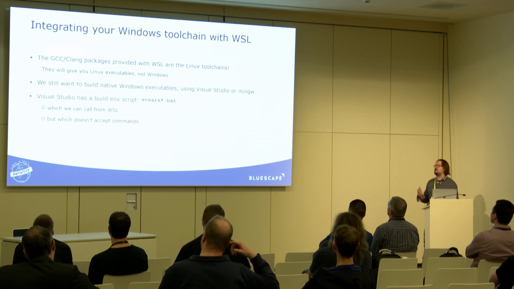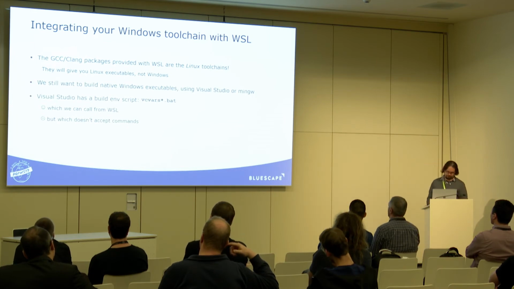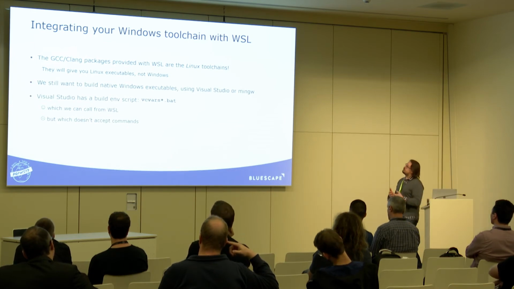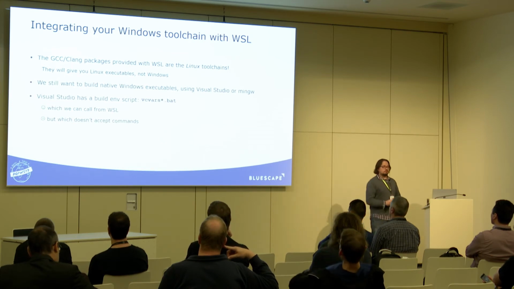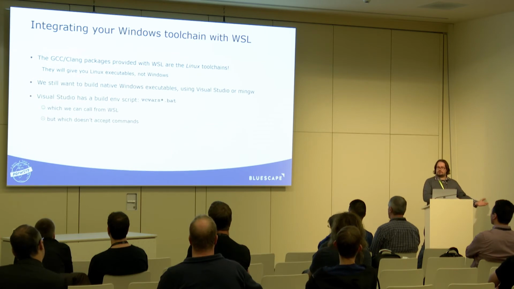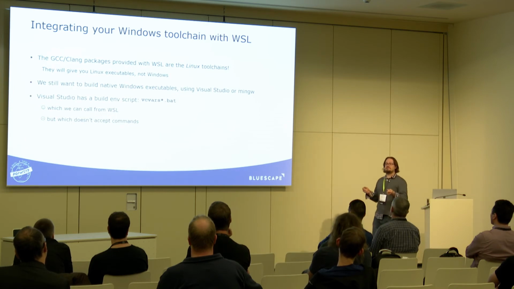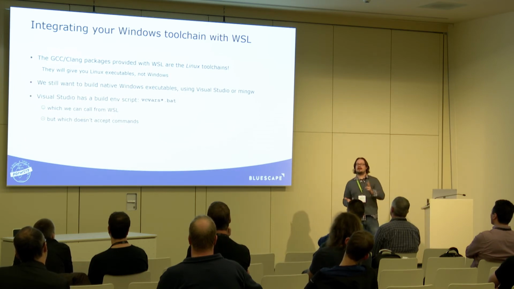So once you have figured out how to map your paths, and once you have figured out how to map your environment, the last step is integrating your Windows toolchain, which means when you're on Windows, you usually have your Visual Studio or MinGW toolchain. The one thing to be careful about here is you're like, oh, great, because I have Ubuntu, that means I have GCC, I have Clang.